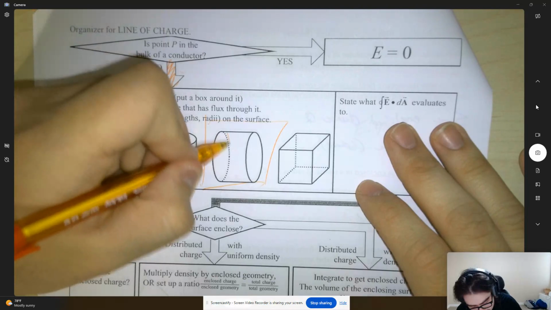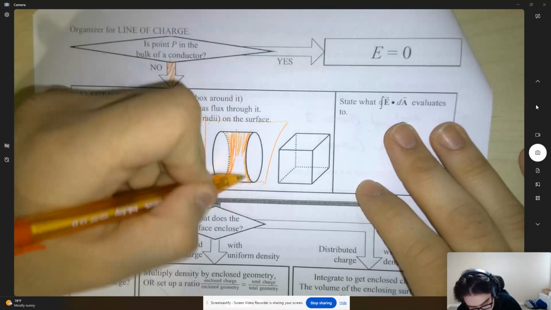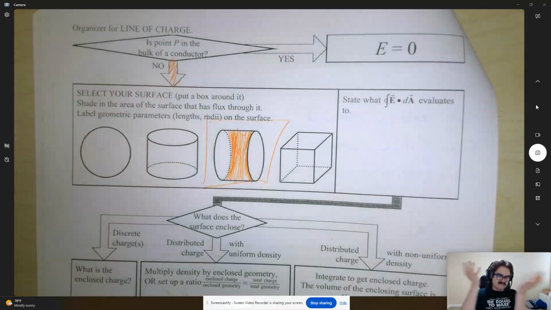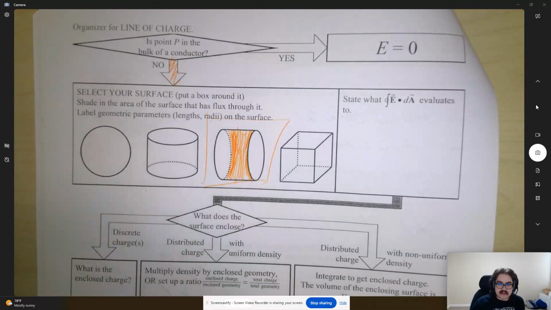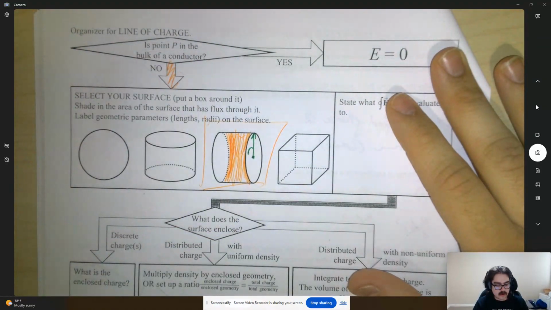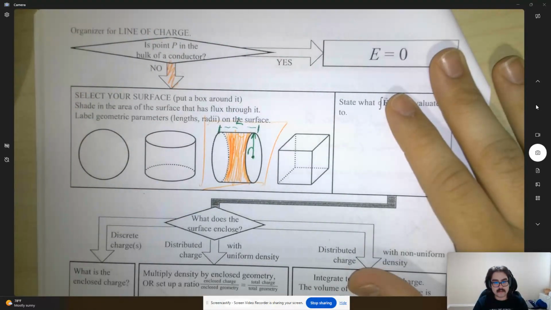It's only going to cut through the length of the cylinder. It doesn't cut through the ends. The radius is right here, a little r, and then the length of it is just L.